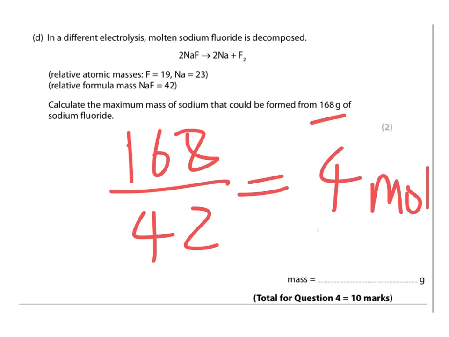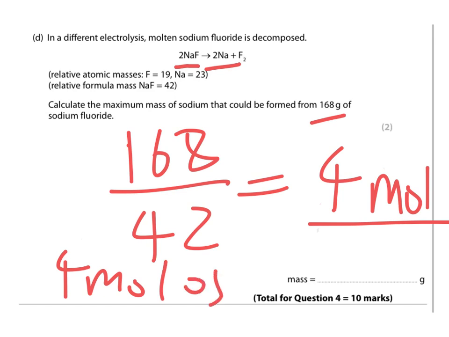And now we want to work out what is the mass that 4 moles of sodium fluoride will make. How many grams of sodium will it make? Well, we can see the ratio that for every 2 sodium fluorides, we make 2 sodiums. So if we have 4 moles of sodium fluoride, we're going to make 4 moles of sodium. So we've got 4 moles of sodium being produced.